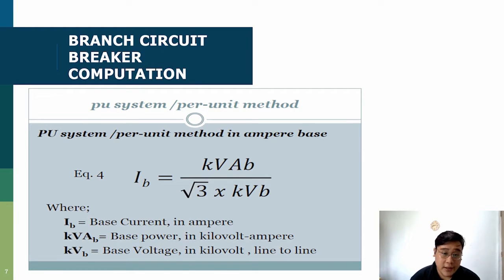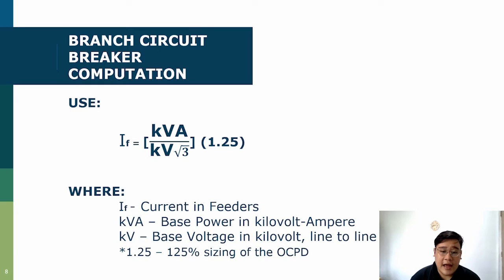Okay? So, IF is equal to kVA over kV times square root of 3 times 1.25. Where IF is the current in feeders, kVA is the base power in kilovolt-ampere, kV is the base voltage in kilovolt, line to line. Tapos yung 1.25 is the 125% sizing for the overcurrent protective device. So, may pagganon po tayo para yun yung protection para sa ating circuit breaker kung sakaling may pasobra.